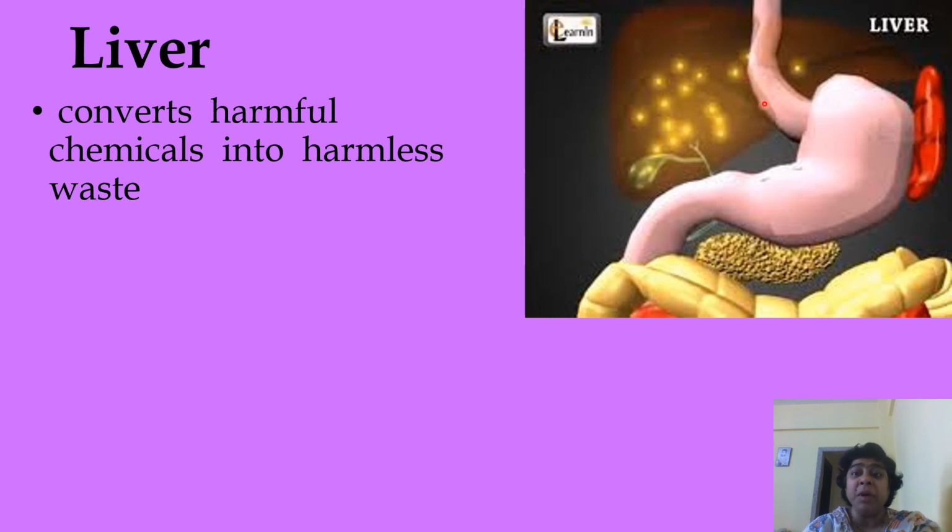So what does the liver do? When the food comes here, it breaks it down into harmless waste. That means if our liver is in good condition and we eat this kind of food, what will happen? Our liver will help it to break down from harmful chemicals to harmless waste, so that it can be easily discarded or removed from our body.